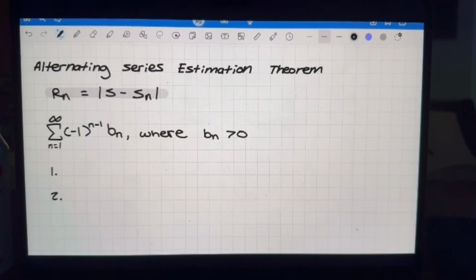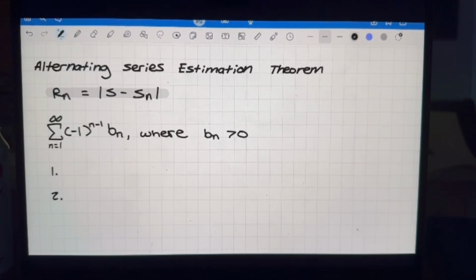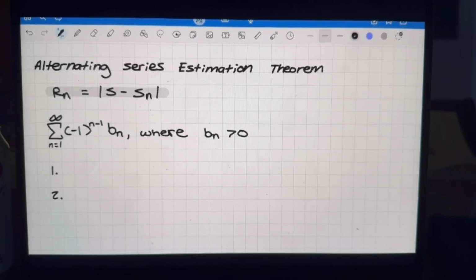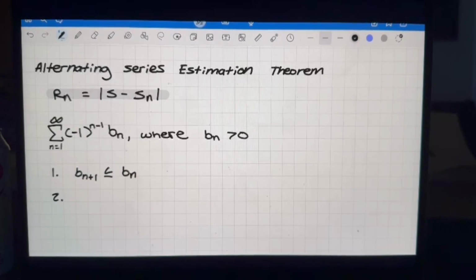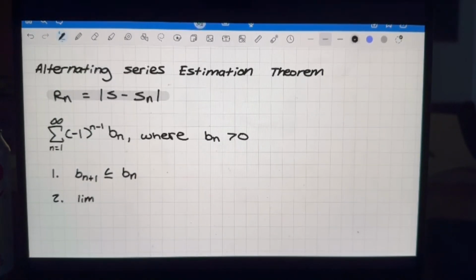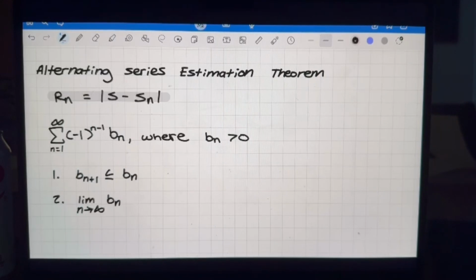The alternating series estimation theorem applies to a series of the form shown here, where B sub n is greater than 0. This theorem holds true if two conditions are satisfied. Number one, the sequence B sub n is monotonically decreasing, meaning that B sub n plus 1 must be equal or less than B sub n. Two, the terms approach 0, which means that the limit as n approaches infinity of B sub n is equal to 0.